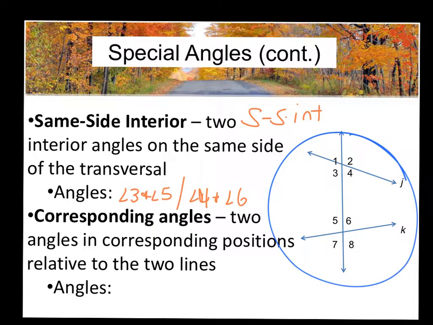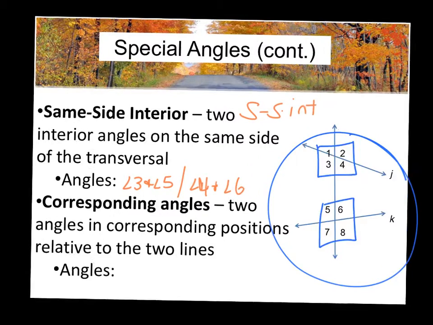And then corresponding. So the easiest way, in my opinion, to look at corresponding is make a little box around where your lines intersect. And then the same spot in correlation to those lines, meaning top left, top right, bottom left, bottom right. So what's in the top left of my top box? Angle 1.